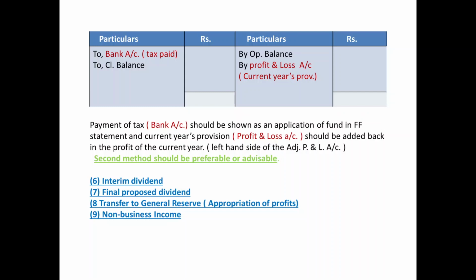You know, the company cannot make the payment of this final proposed dividend until and unless it receives the consent of its shareholders. But this consent will be possible only in the annual general meeting, and the AGM normally happens in the month of July, August, September next year.